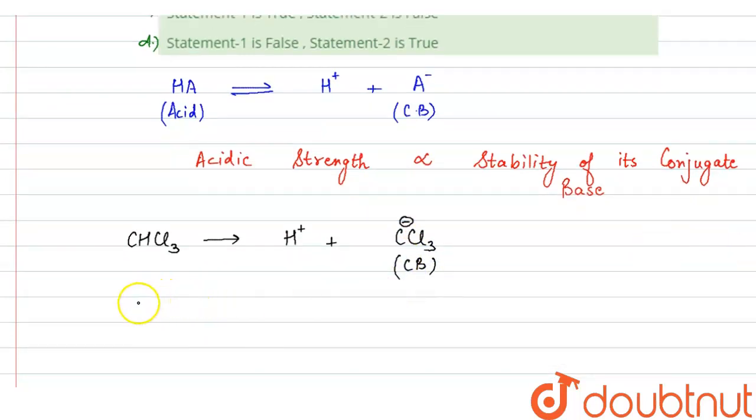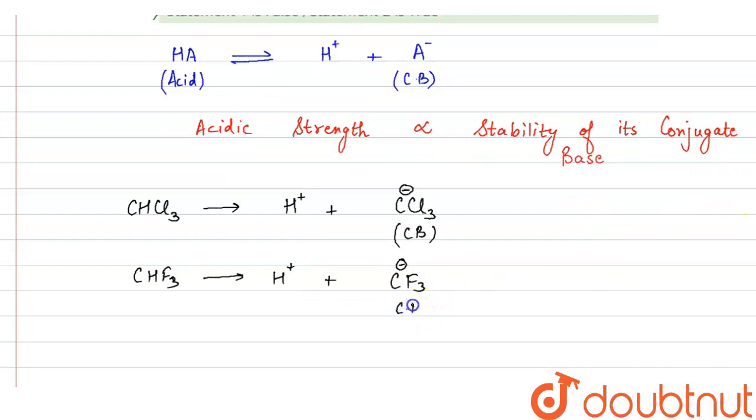Now when CHF3 loses a proton, it forms CF3 negative. So here CF3 negative is the conjugate base. Now we have to check which of these conjugate bases is more stable.